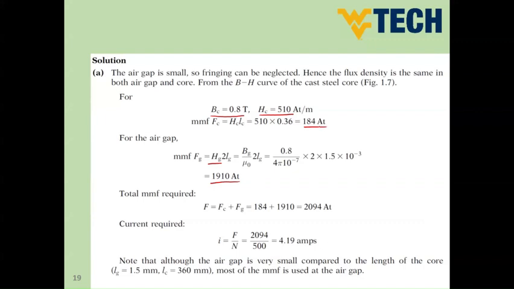However, for only 3 millimeter, the amount of force needed to create the same amount of flux is more than 10 times the amount of the core. So this means you need huge energy in order to establish the same flux in only 3 millimeters air gap.